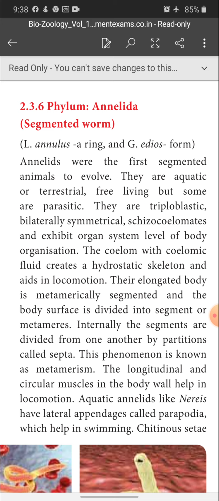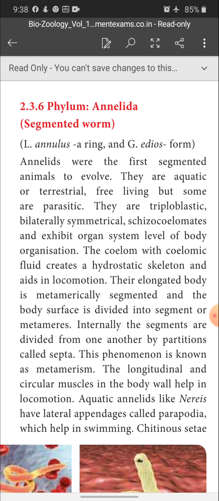Internally, the segments are divided from one another by a partition called septa. So, the animals which divide the body externally and internally show segmentation. The structure which divides the body internally is called septa. This phenomenon is known as metamerism.